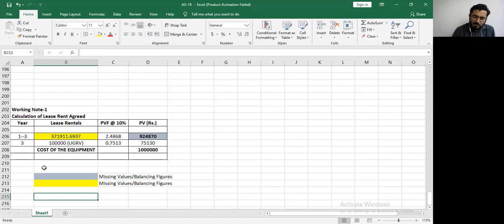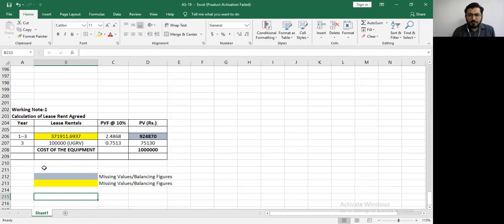Since the fair value and the cost are same, your total value will be 10 lakhs. So 10 lakh minus 75,130 gives 9,24,870. You divide that by 2.4868 and you get your lease rental per annum, that is 3,71,911.6937. I hope, Raj, that solves your doubt. You will take both in that case.